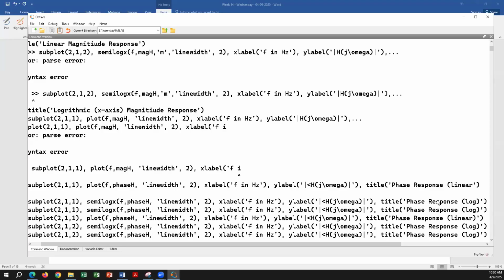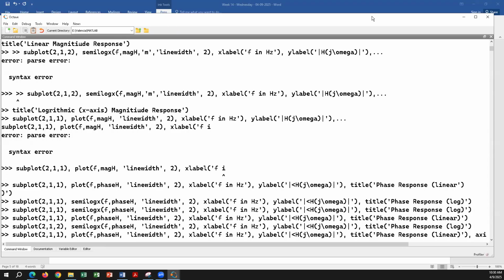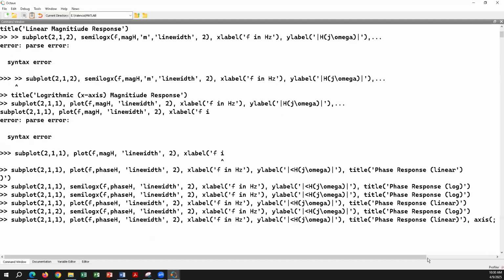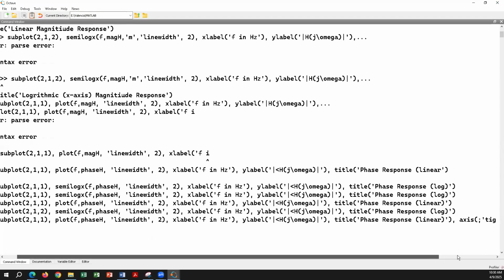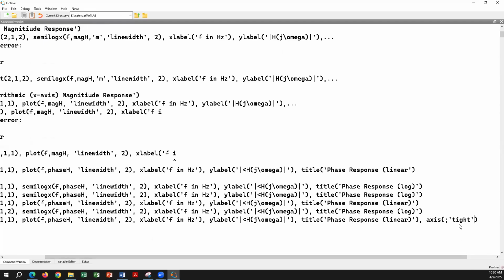Let's do first linear, and at the end I'm gonna do axis tight. You can define your axis. All I'm going to do is tighten it up a little bit, so it's going to remove the white spaces, y-axis and x-axis. Axis tight.